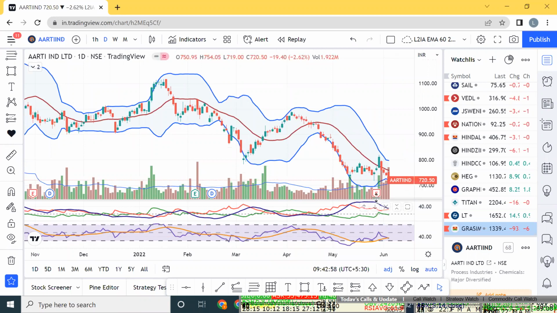The earnings must not have been very positive, because I'm not seeing any major positive movement after the earnings also, because it is showing continuously red. So the stock is likely to fall further.